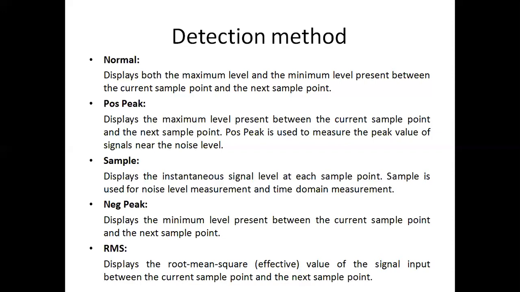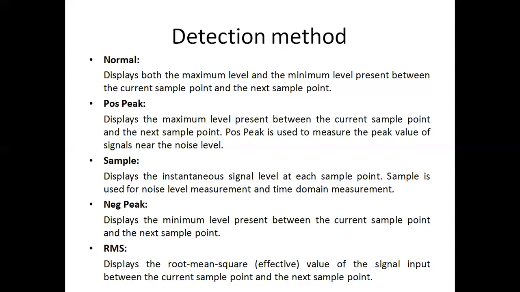And the final RMS detection method is used to display the root mean square value of the signal input between the current sample point and the next sample point. So all these detection methods will work based on our requirement. If you need to measure the positive peak, we will use POS peak.